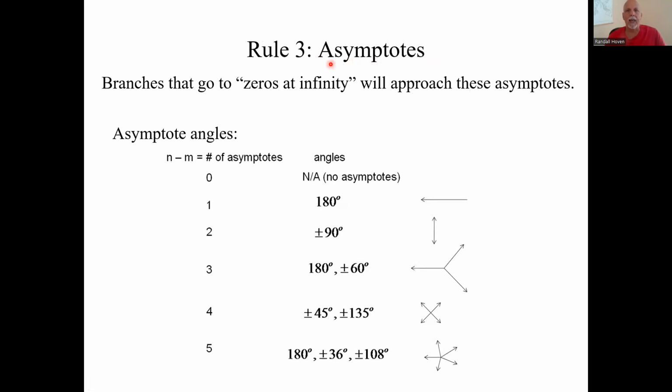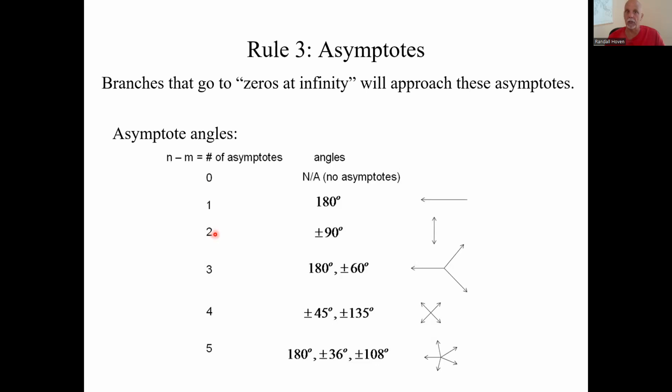Rule 3, the asymptotes. Remember those branches that go to infinity? Well, they kind of approach asymptotes. How many asymptotes and where do those asymptotes go? It depends on this n minus m. If n equals m, you don't have any asymptotes. N minus m equal to 1, meaning there's one more pole than there are zeros, it'll go strictly left along the real line, actually. That angle is 180 degrees. N minus m is 2, as in this case.